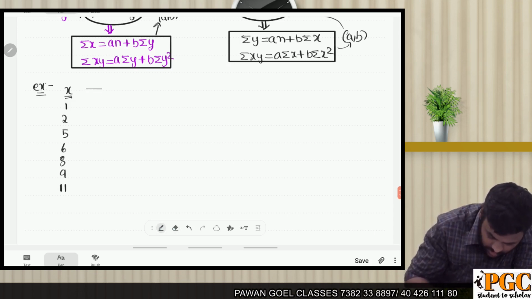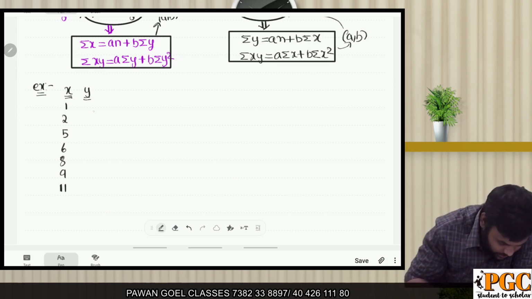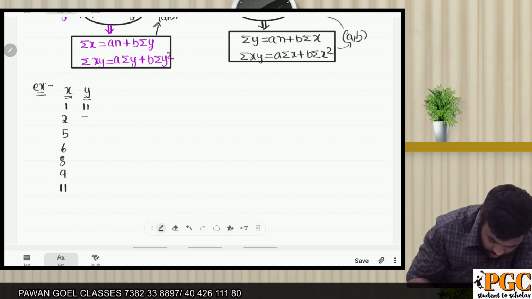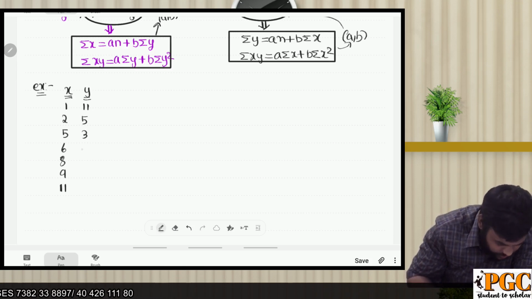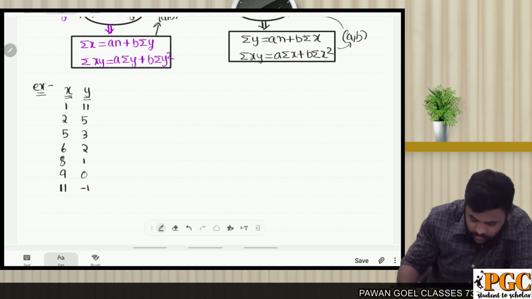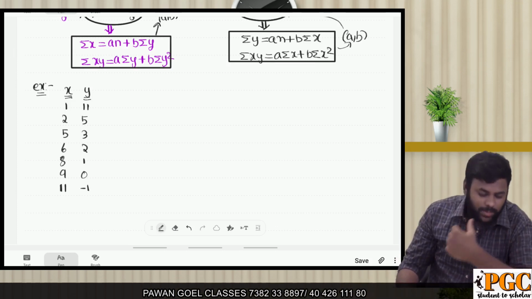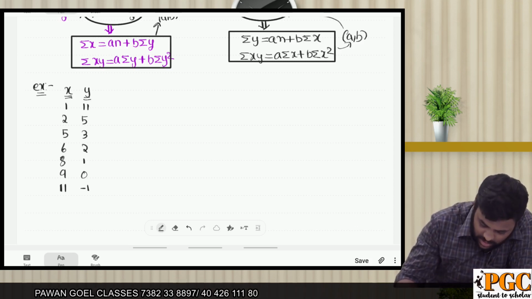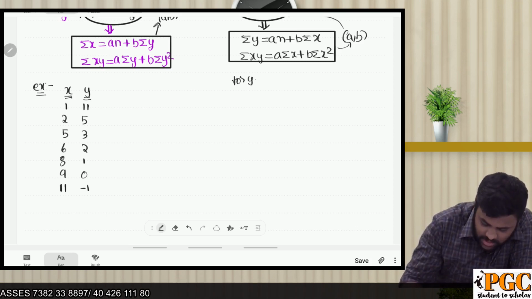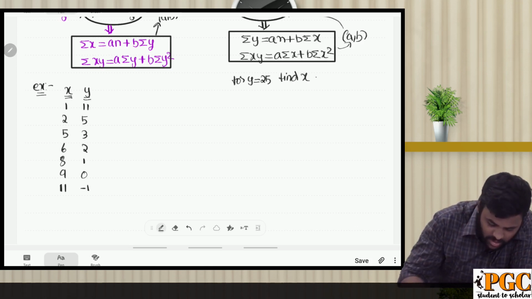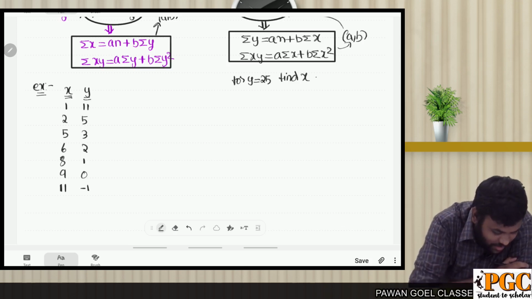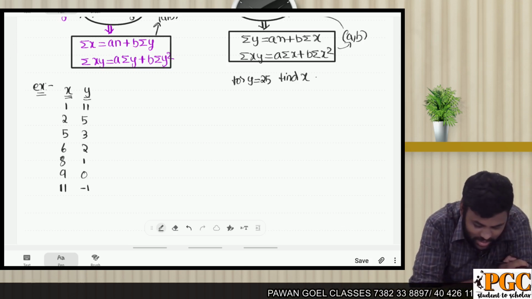Next, variable y is given as 11, 5, 3, 2, 1, 0 and minus 1. These are the variables x and y that have been given to us. He is saying that for y is equal to 25, find x. He is saying the value of y is 25 and he is asking you to calculate the value of x.